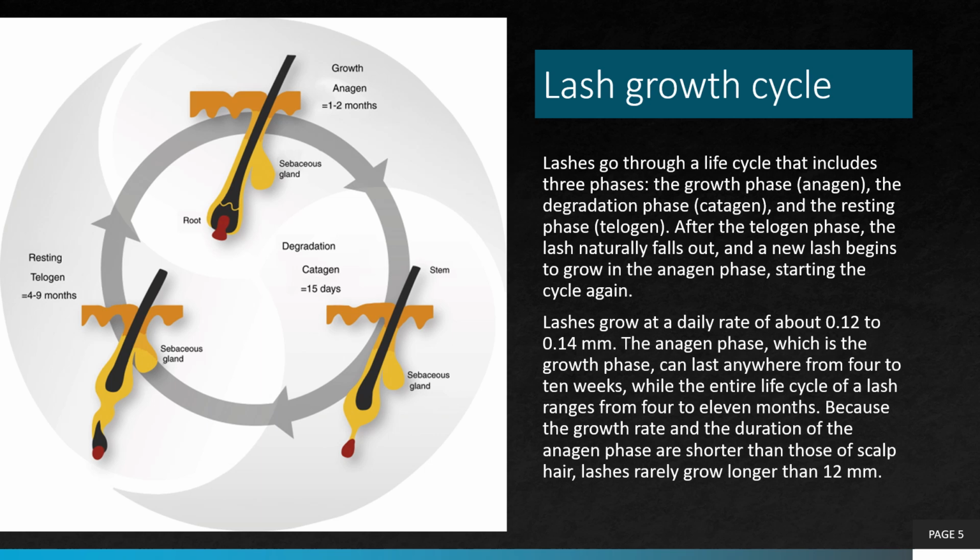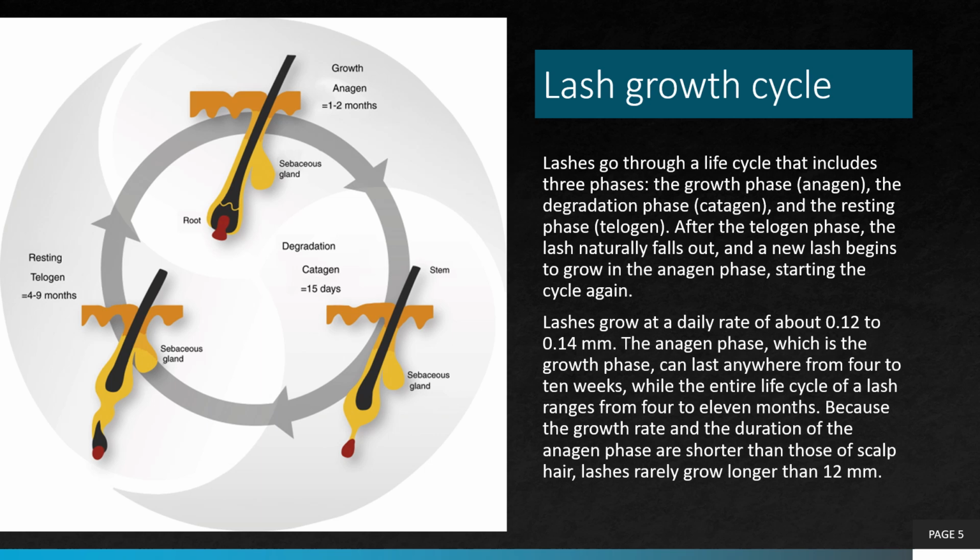On a daily basis, a lash typically grows at a rate of 0.12 to 0.14 millimeters. The entire life cycle of a lash, from the beginning of the anagen phase to the point where it falls out, can span anywhere from 4 to 11 months.